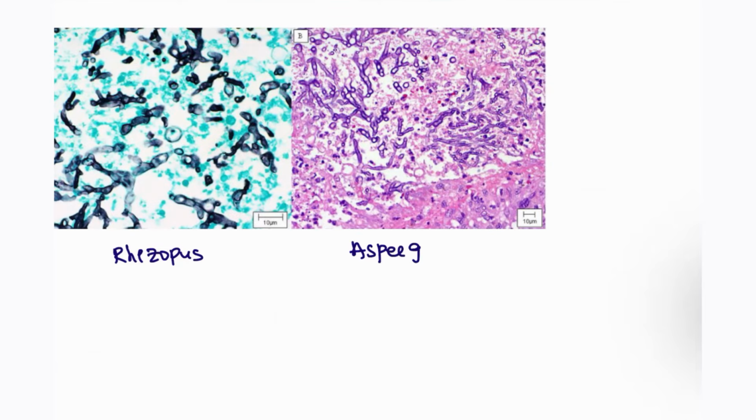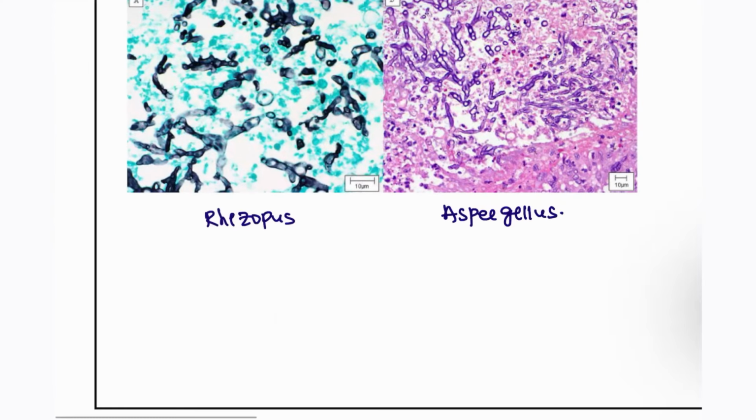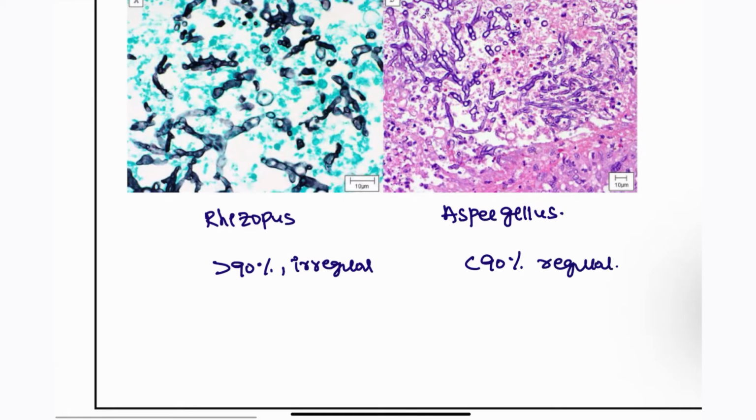Rhizopus will be having more than 90 degrees and everything will be irregular, but aspergillus is less than 90 degrees and regular. This is the regular type of aspergillus you are going to see, and here more than 90 degrees, irregular shape will be seen in this patient.